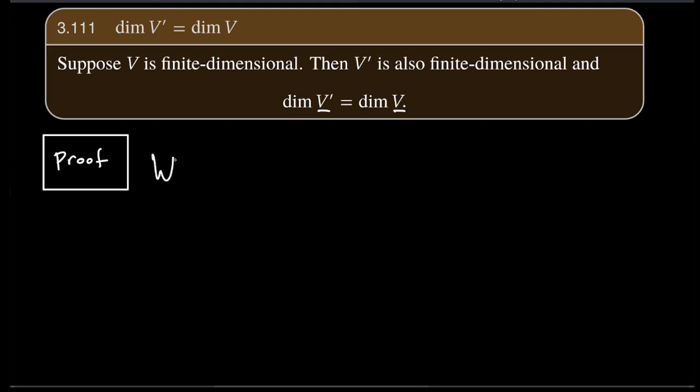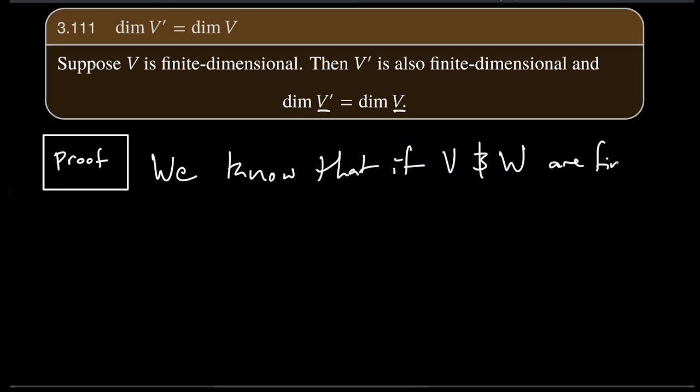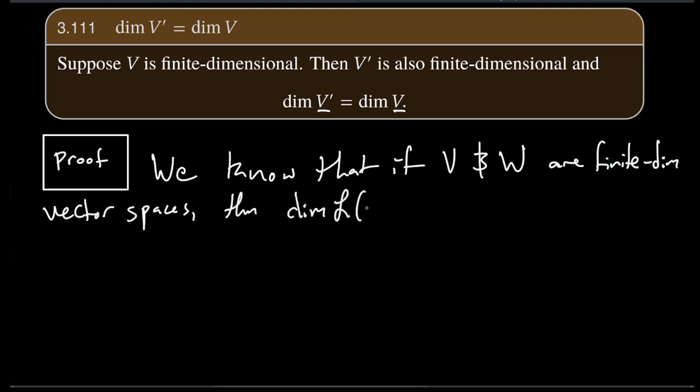So we know that if V and W are finite dimensional vector spaces, then the dimension of L(V, W) is just equal to the dimension of V times the dimension of W. We proved that before.